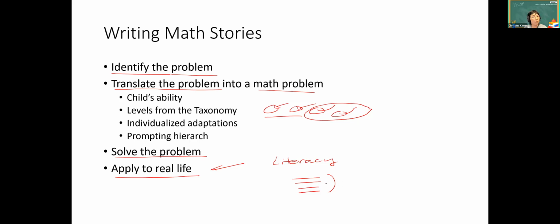So I have 1 carnation, but the other students brought 2, so we add them all together, and my teacher got 3 beautiful carnations. Make it beautiful. So that's literacy. Math ends up, at the end, as literacy. So make sure they are connected. The content areas are not separate.